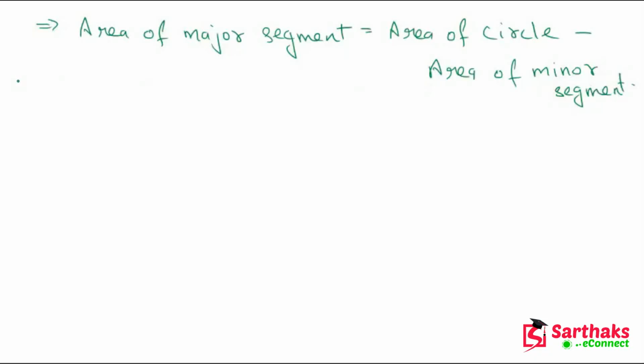So this is the area of the major segment. I hope, my dear friends, you understand these things, how to find the area of segments. Okay. So now, my dear friends, let's move on.